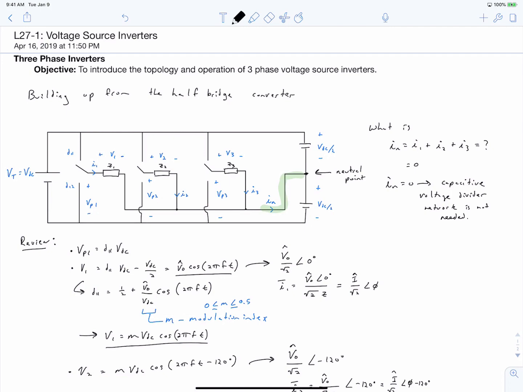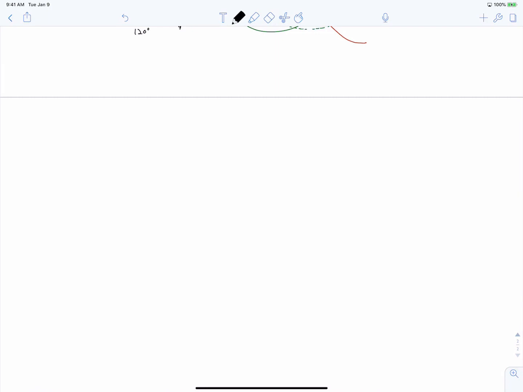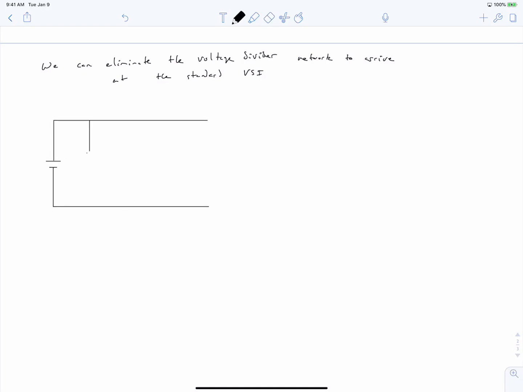So let's resketch this converter down below without that voltage divider network. And so this is the standard voltage source inverter.